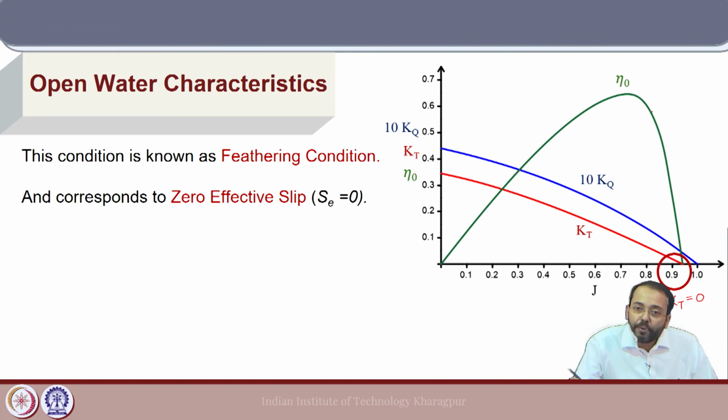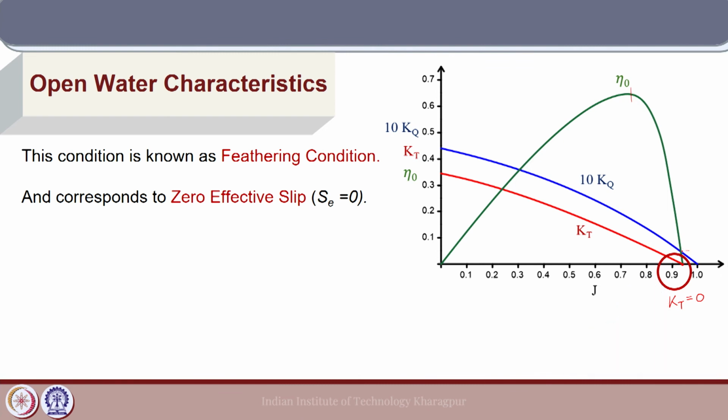So, in the propeller open water diagram, the diagram should be drawn in such a way that eta O should be 0 at the point kT is 0, and the nature of eta O, the open water efficiency, is such that it gradually increases and it reaches a maximum value, and after that the drop is very sharp. So, it sharply declines to a value of 0 at kT equal to 0.